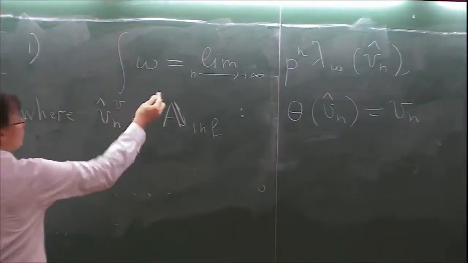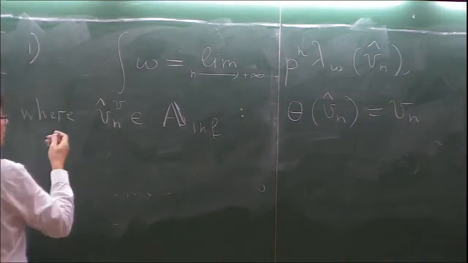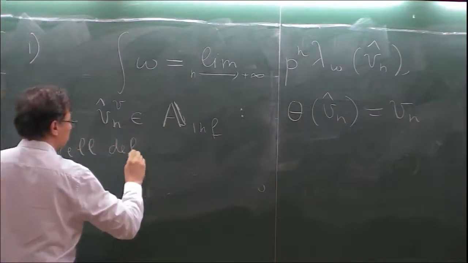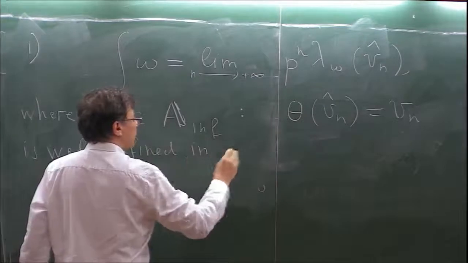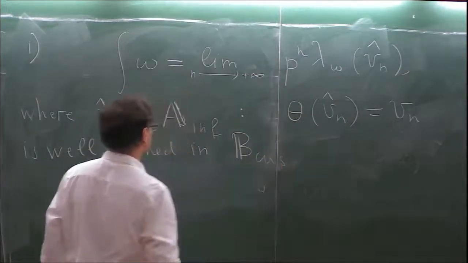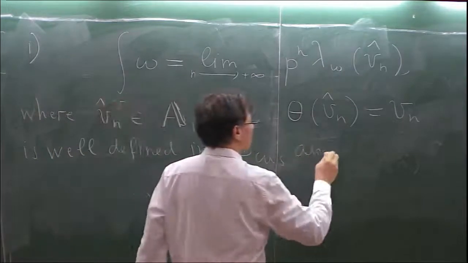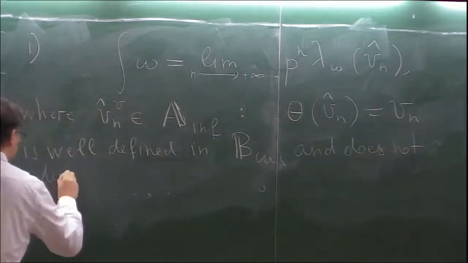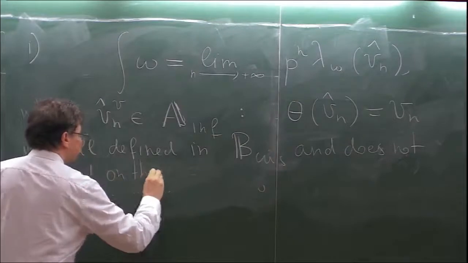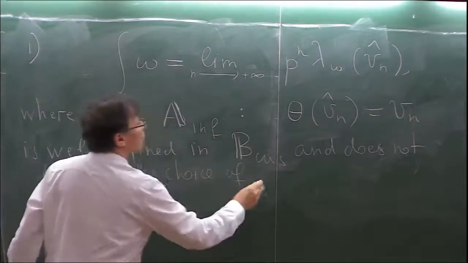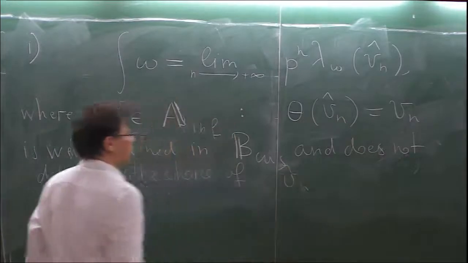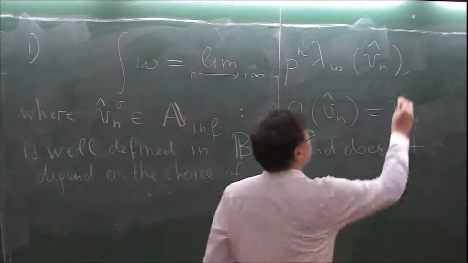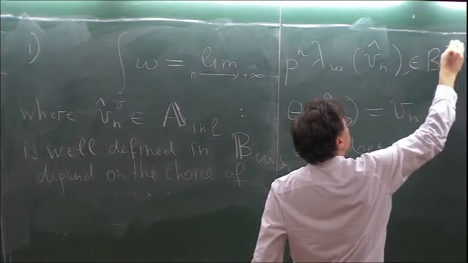The statement is that this limit exists, so is well defined in B_dR, in B_cris, and doesn't depend on the choice of the lift v_n hat. So we have some element in B_cris plus.